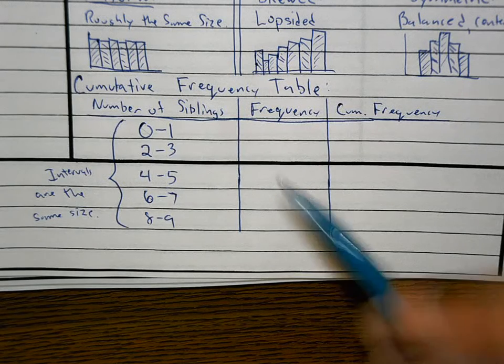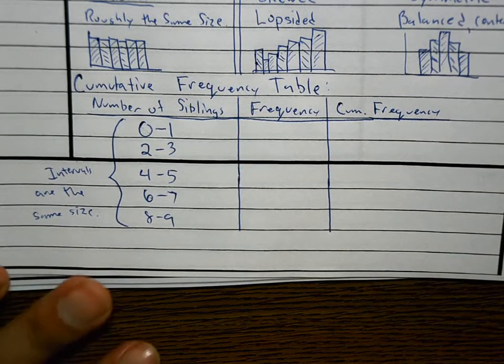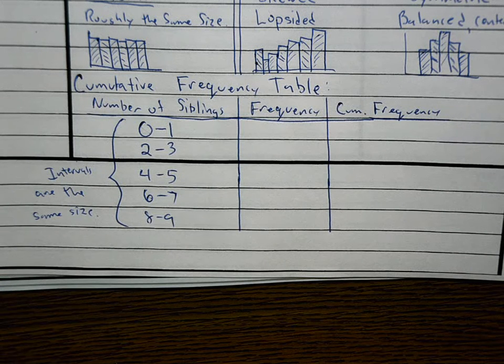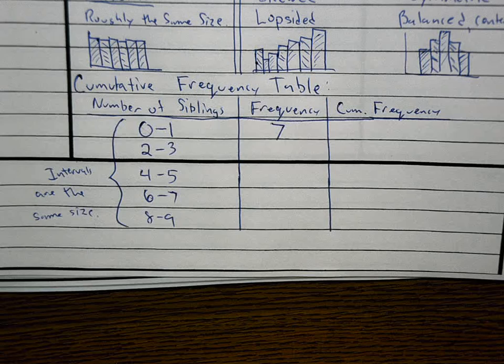If you have 0 to 1 siblings, please raise your hands nice and high. Only 0 to 1. 1, 2, 3, 4, 5, 6, 7. Let's write down 7 for our frequency. So what is our cumulative frequency? How many have we counted so far?